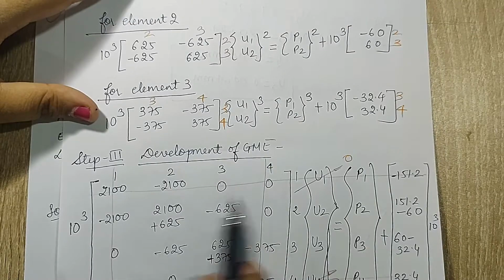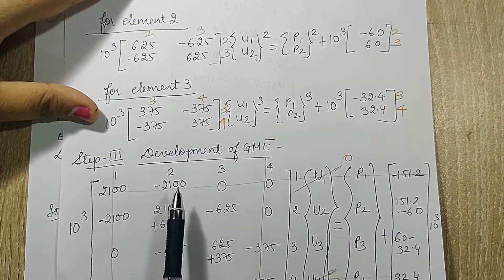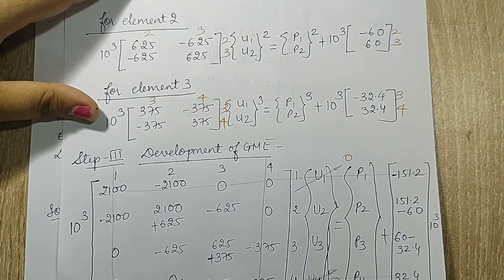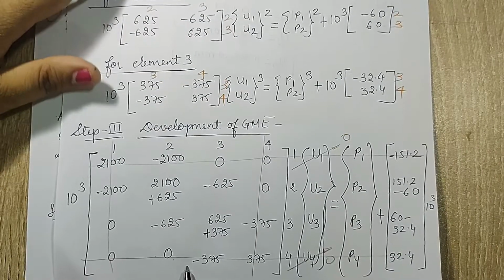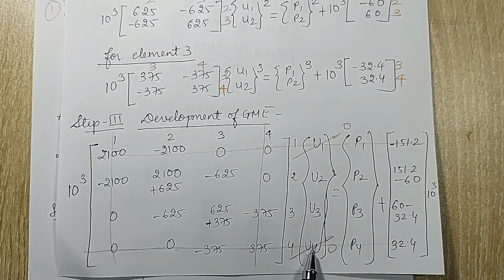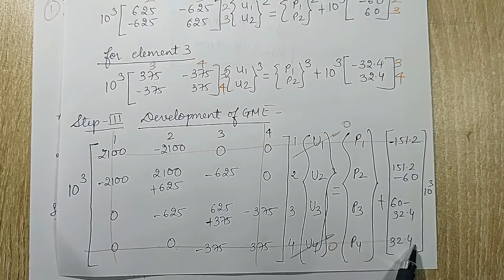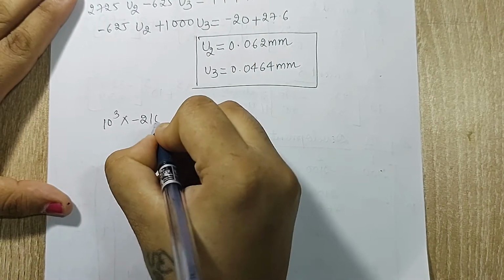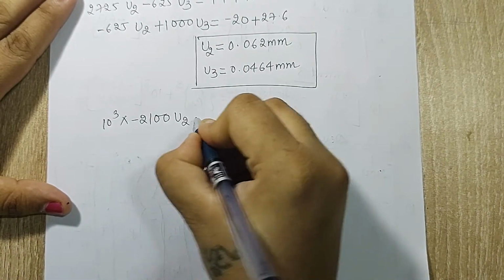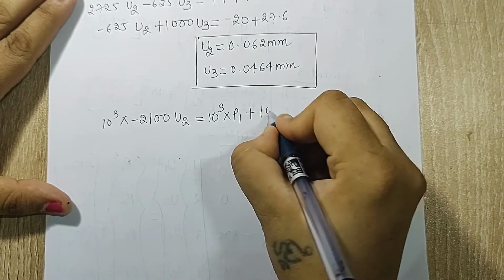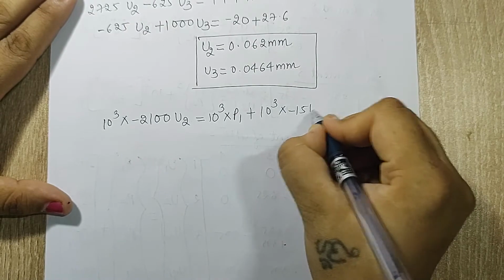Then I'll revisit these equations. First term is 0, second term I'll multiply and then I'll equate. Similarly here first two terms are 0 and here I have into U3 and this term is 0 is equal to P4 plus this term. So I get 10 raised to 3 into minus 2100 U2 is equal to 10 raised to 3 into P1 plus 10 raised to 3 into minus 151.2.